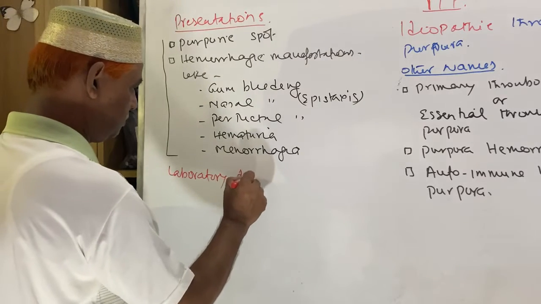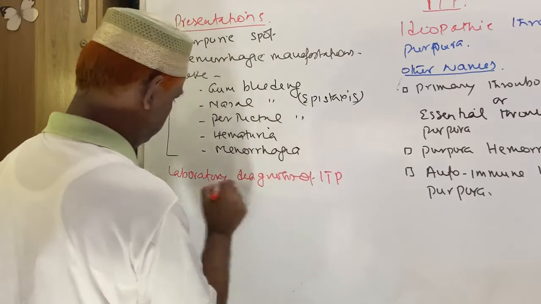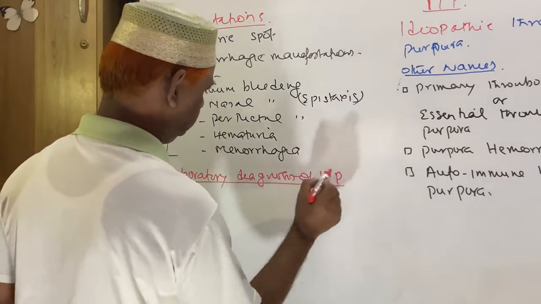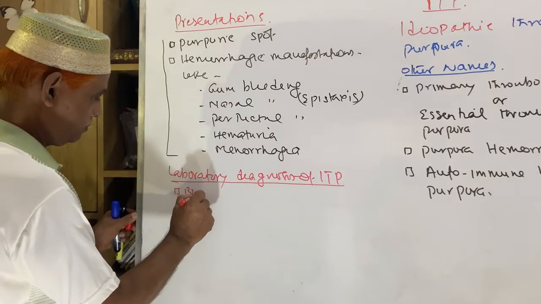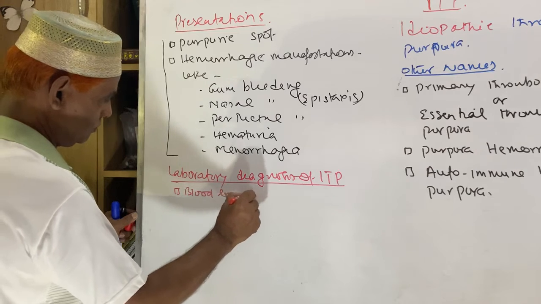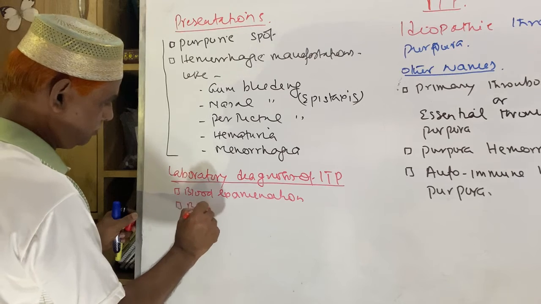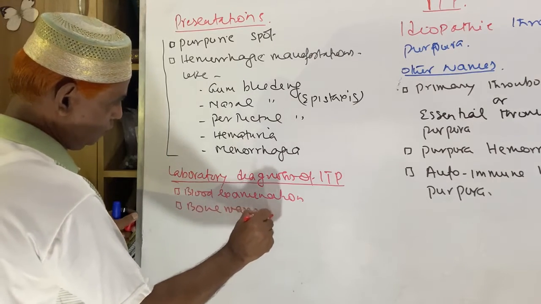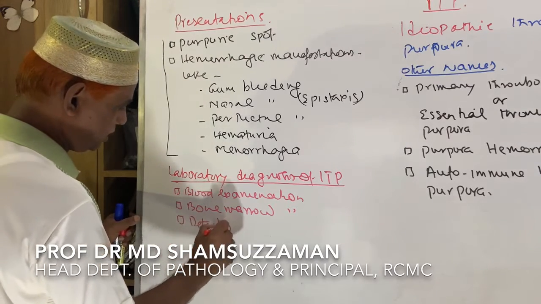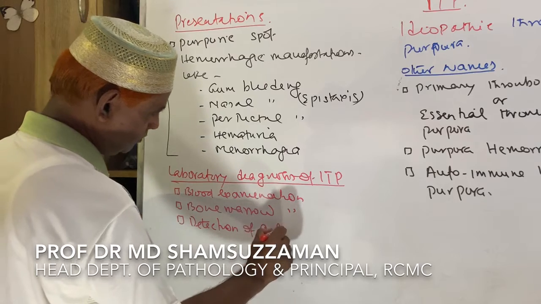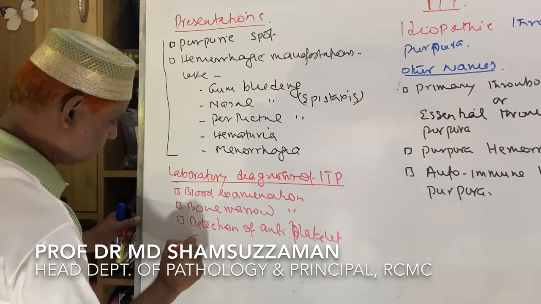First we have to do blood examination, bone marrow examination, detection of antiplatelet antibody.